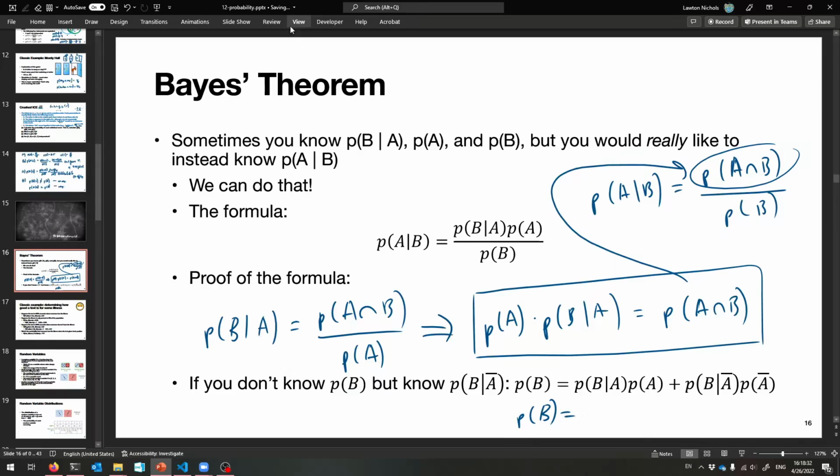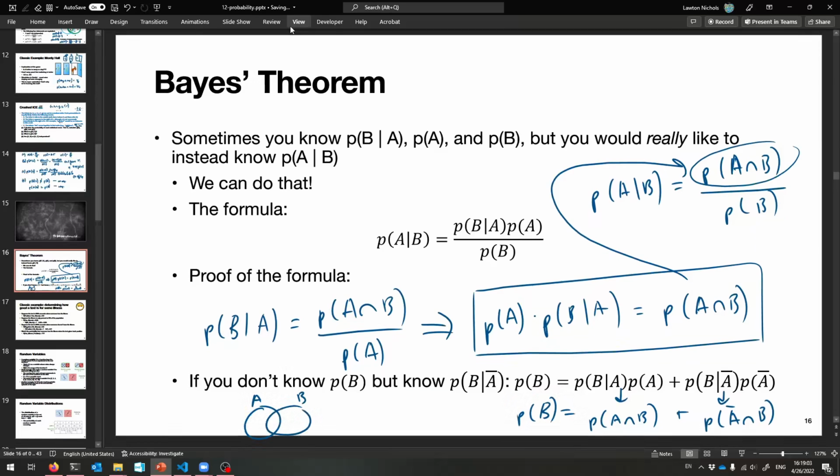So this becomes the probability of A intersect B, added to, if you follow that pattern all over again, the probability of A not happening, A bar, A complement, and also B happening, intersected with B. And the reason that's equal to the probability of B, well, let me show this to you in a very tiny way. Here's A, here's B. The probability of just B is equal to the probability of A intersect B, if there's anything there, so that's this bit.